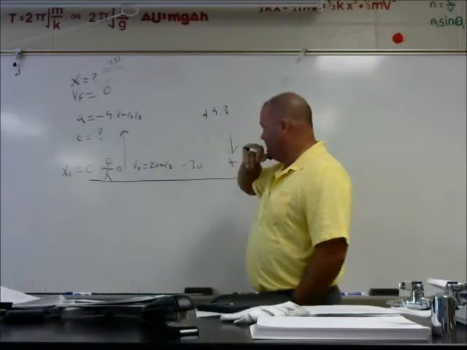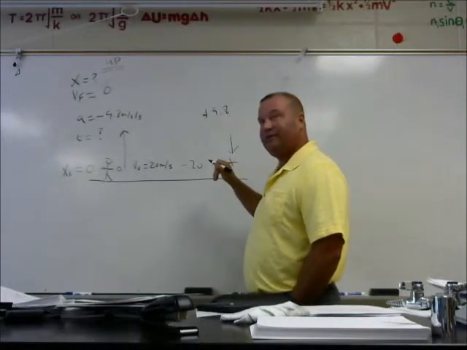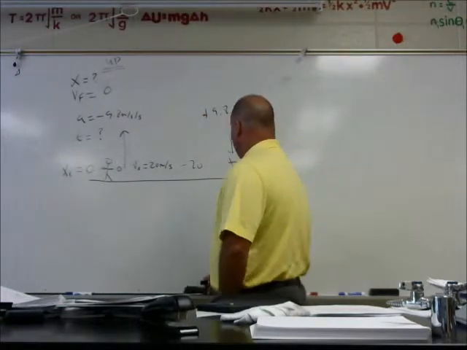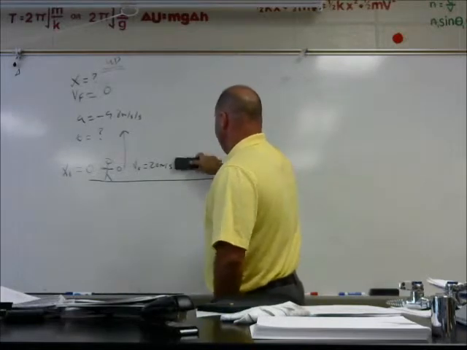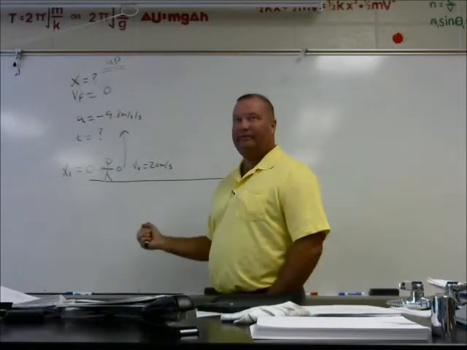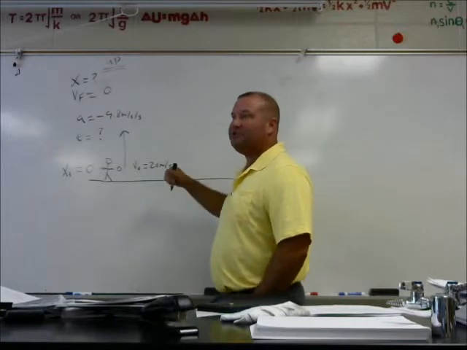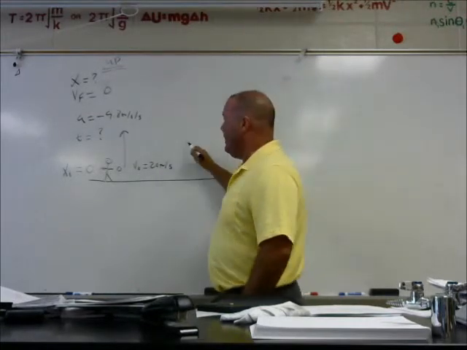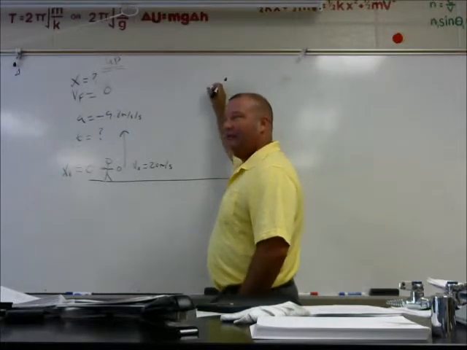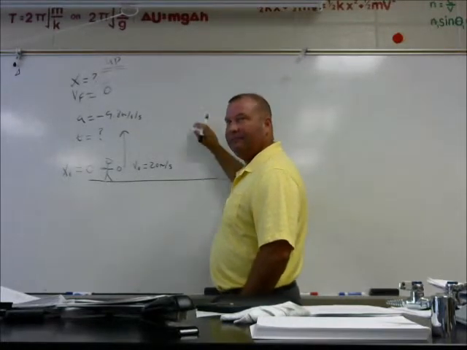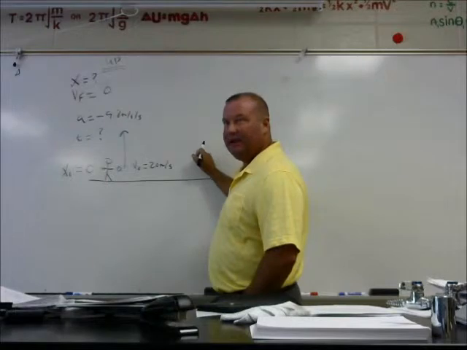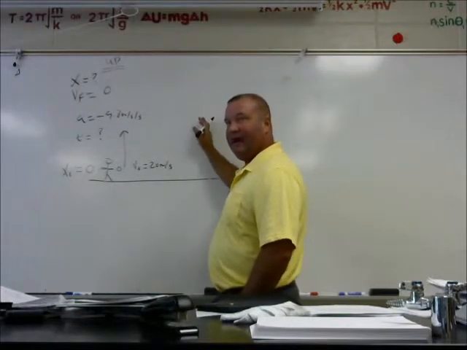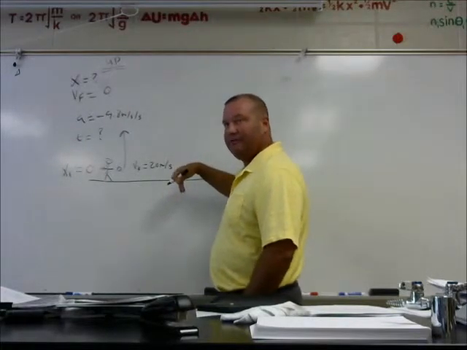And now in my head, it can become confusing. Does that make sense? So if we think about down being negative, if I made down positive, my numbers would not be any different. The time it takes to get up there from negative 20 to 0 would be the same. The time it takes to fall back down would be the same. The velocity it had here, instead of being a negative value going up, it would be a positive value coming down.